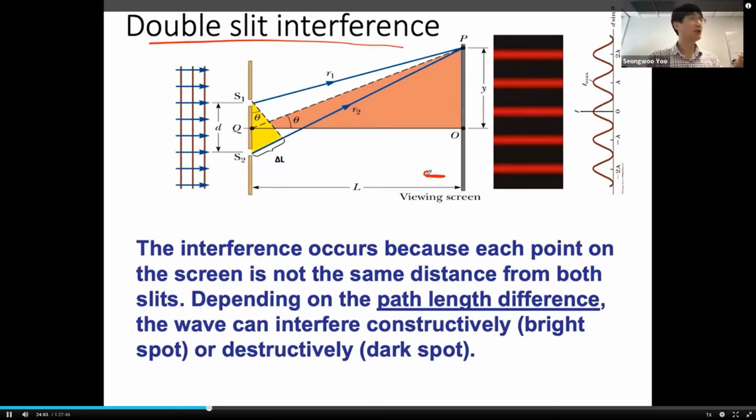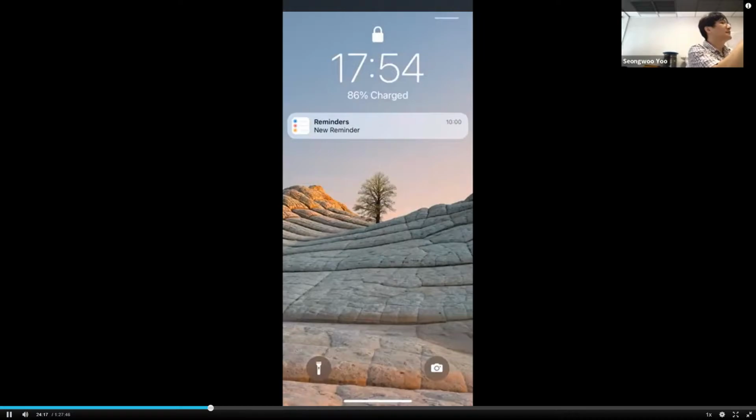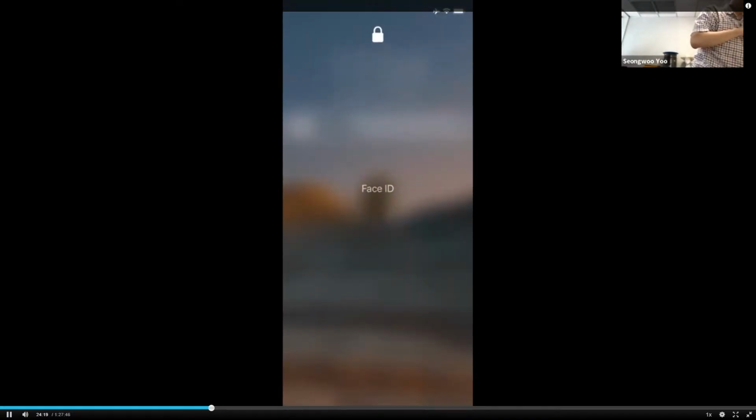So let me use my second camera to draw some diagram. Just 1 second. All right.